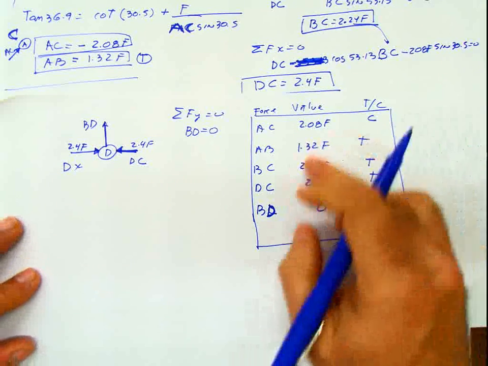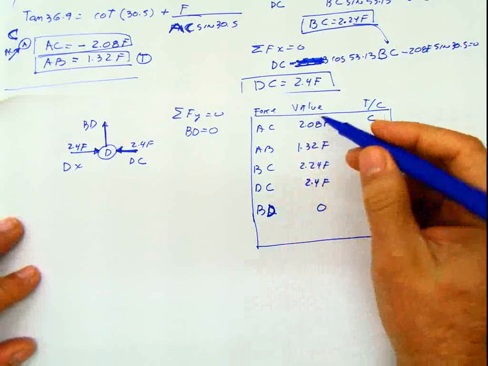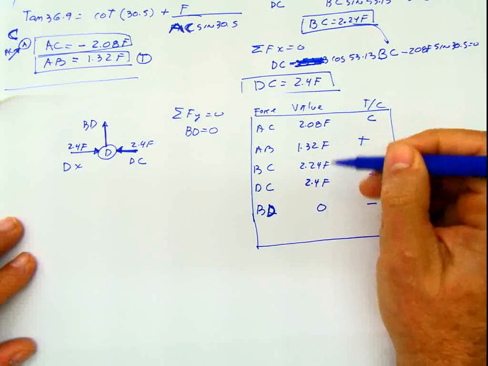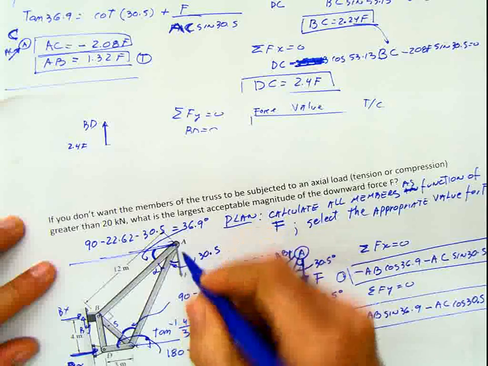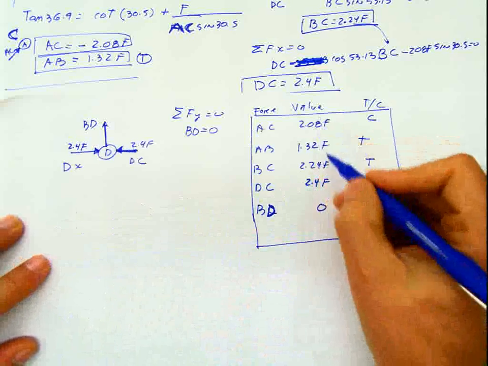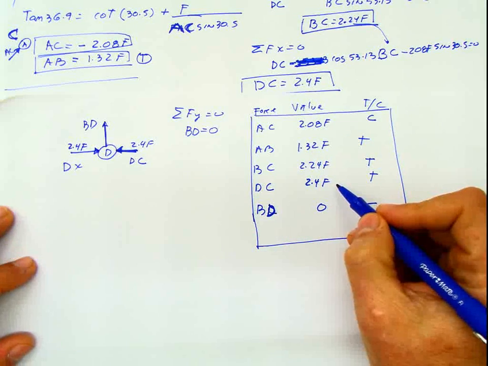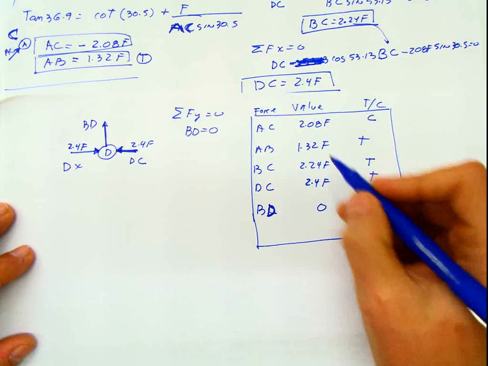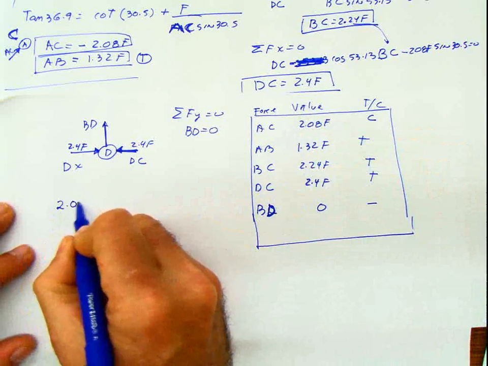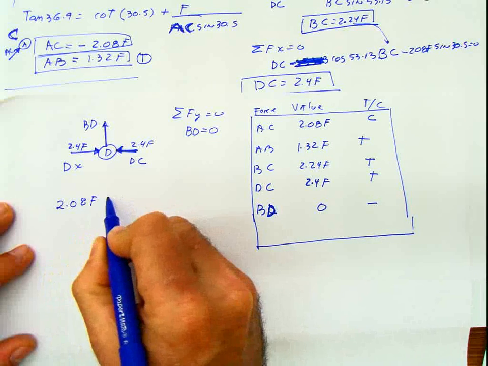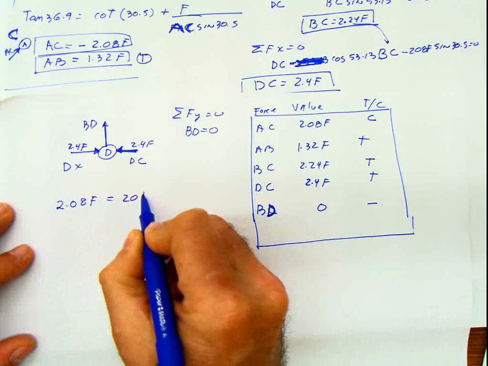But in this case, I know that the maximum value that these forces, or the force here, can take is going to be that value that doesn't make any of these greater than 20 kilonewton. The biggest one here is going to be this one. So I'm going to say that 2.08 F has to be equal to 20 kilonewton.